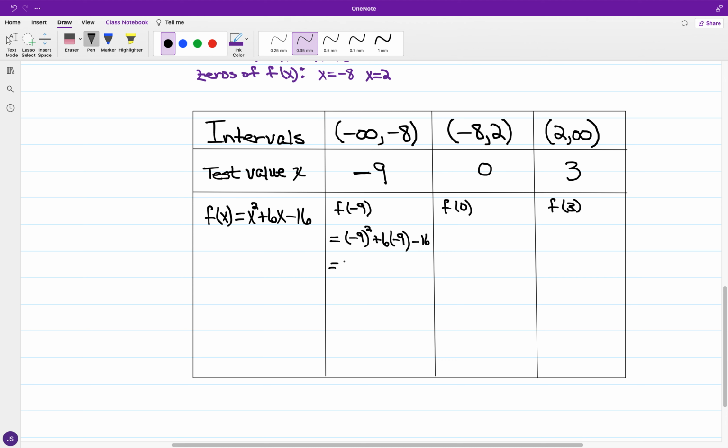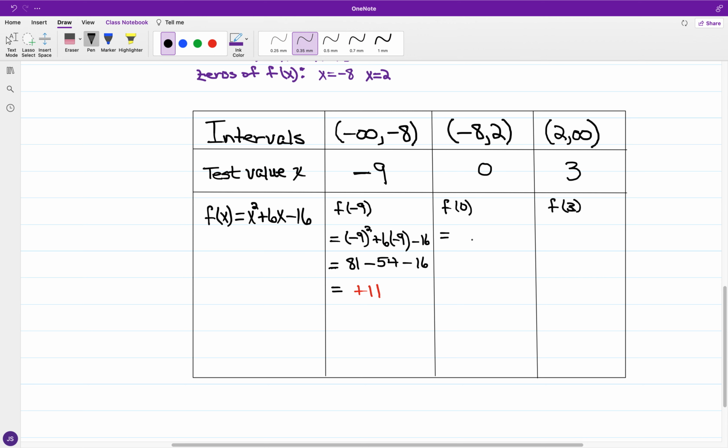The square of negative 9 is 81. 6 times negative 9 is negative 54. 81 minus 54 is 27, minus 16. And so f of negative 9 comes out to positive 11.